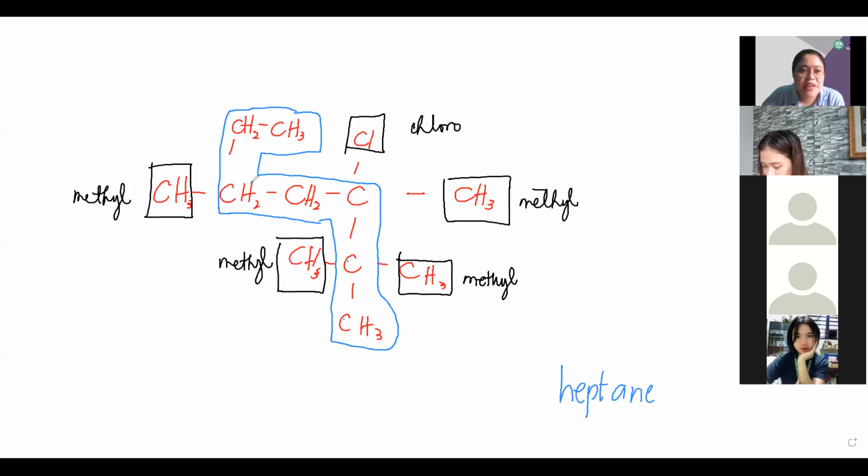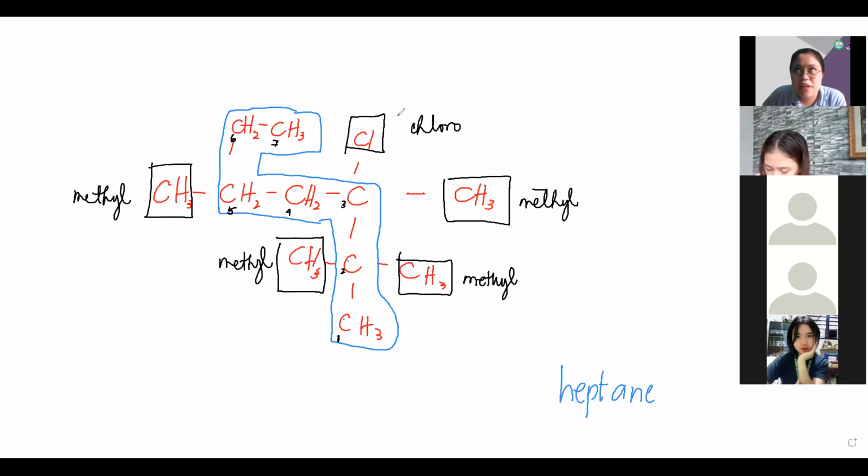On carbon number 3, I have the first substituent. But if I start numbering here, 1, 2, at carbon number 2, I already have the substituent. So definitely, I'll start counting here at the bottom. 2, 3, 4, and then 5, 6, and 7. So again, the parent chain is not necessarily a straight chain.